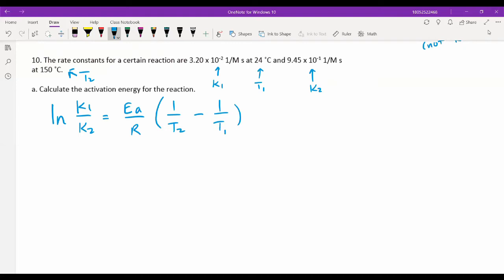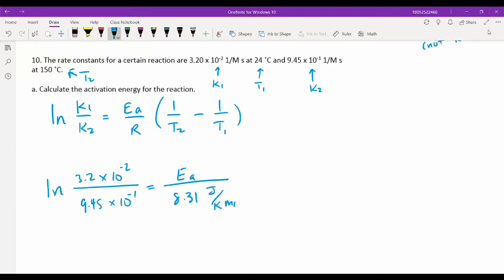We can plug in these numbers, and then we have Ea. R is our gas constant. We want it in joules, so we use the 8.3 number. And then this is T2 actually.